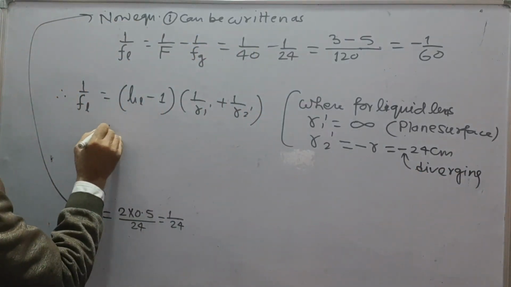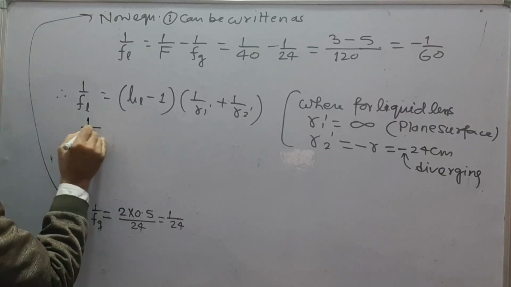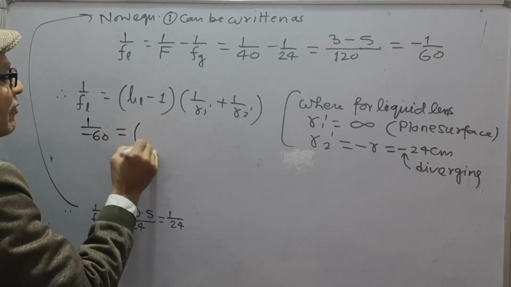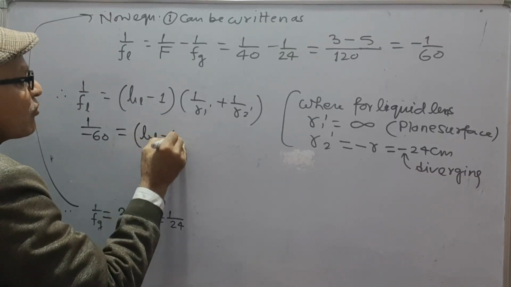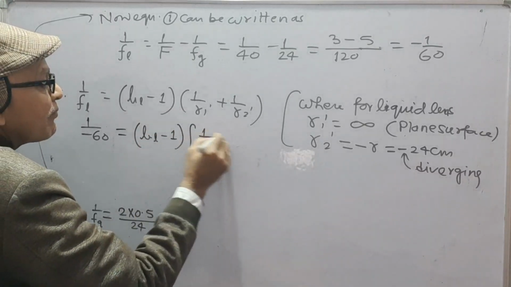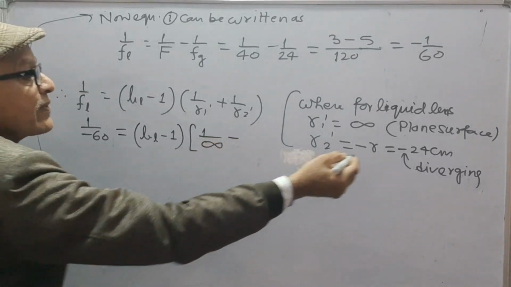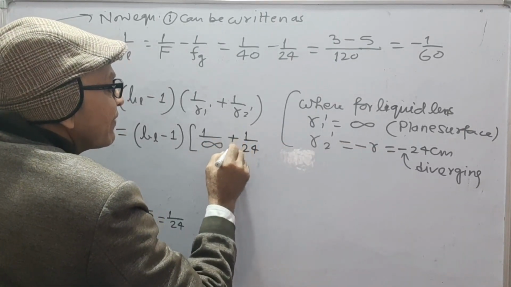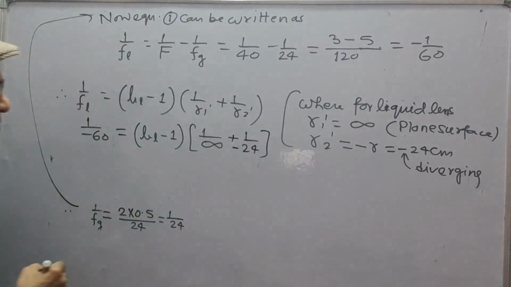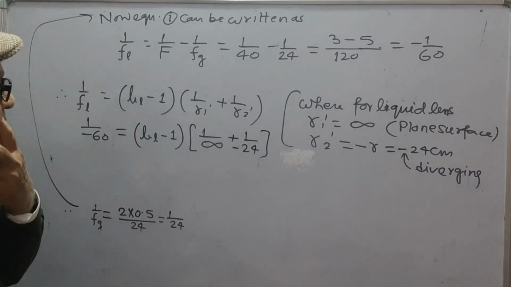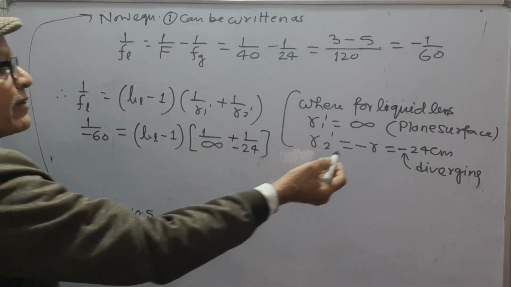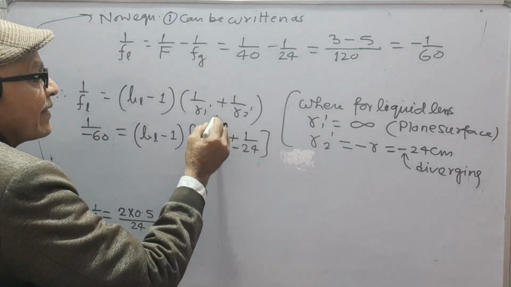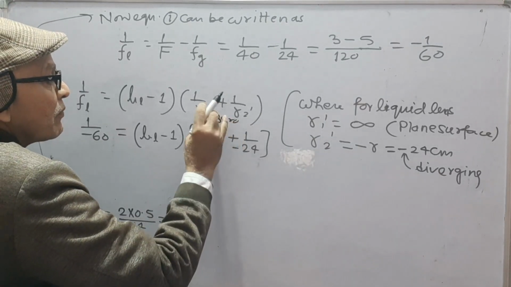So, 1 upon minus 60 is equal to mu L minus 1 into 1 upon infinity plus minus 1 upon 24. 1 upon infinity is 0.